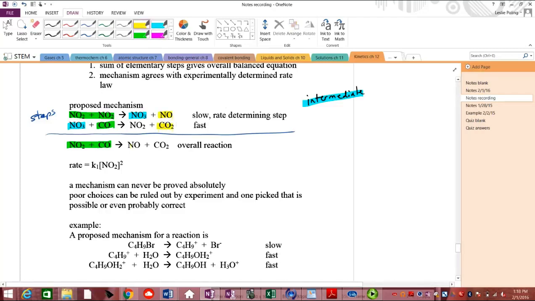NO and CO2 are only products, so they come out. Look here, we had NO2 go in and NO2 go out, so it was here some excess. Sometimes something that goes in and goes out is a catalyst.